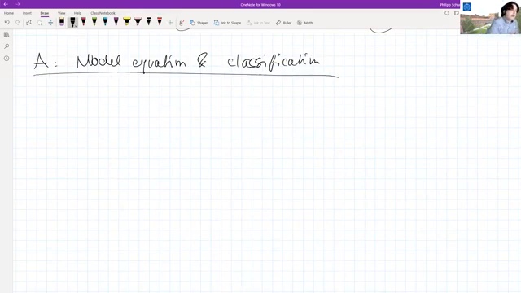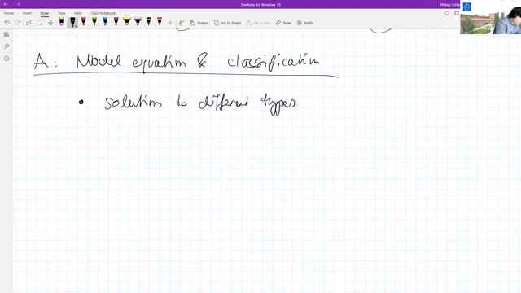The reason why we would like to look at model equations and in particular classification is that it turns out that the solutions to different types of problems behave very differently. So numerical solutions, or actually also analytical solutions, to different types of problems. And with different types of problems, I mean mathematical types in the sense of the mathematical properties of the equations. We will see in a second what I mean with that.